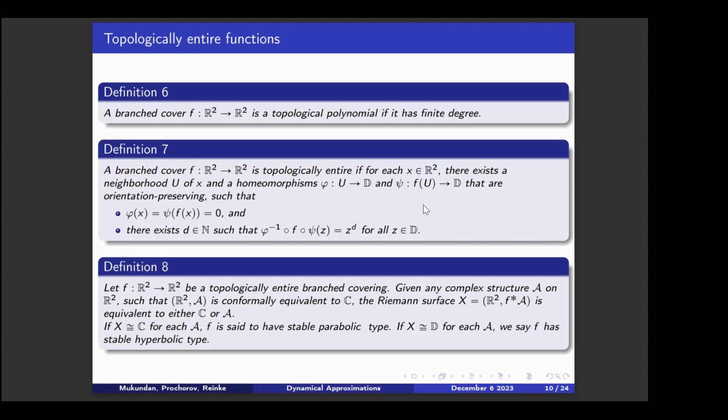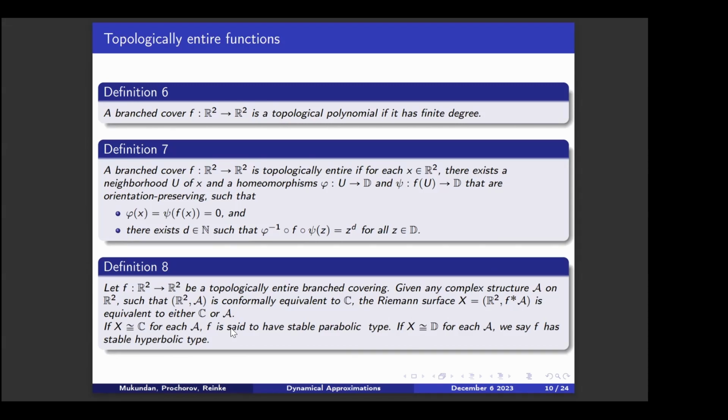So it can be either the plane or the unit disk. If it is the plane for every complex structure A, then F is said to have stable parabolic type. If it is the unit disk for every complex structure A, then we say F has stable hyperbolic type.